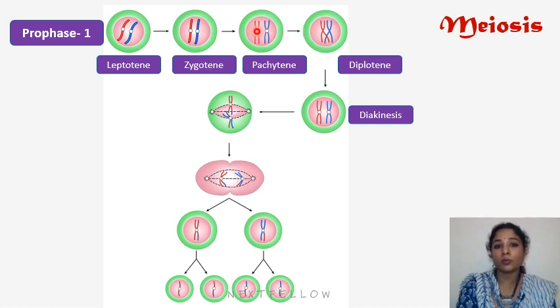You will see a centromere and 4 chromatids, and each chromatid pair is united by a kinetochore. There are 2 central chromatids and 2 peripheral chromatids: 2 towards the center and 2 towards the periphery.